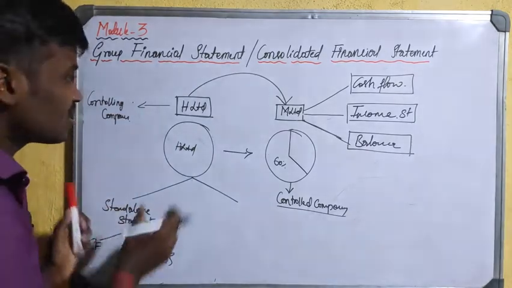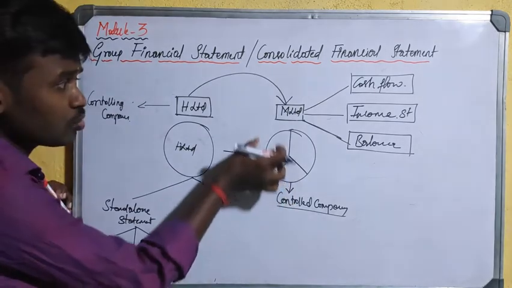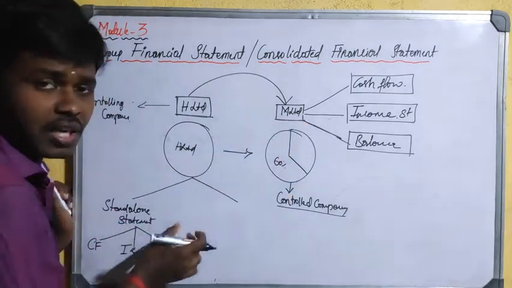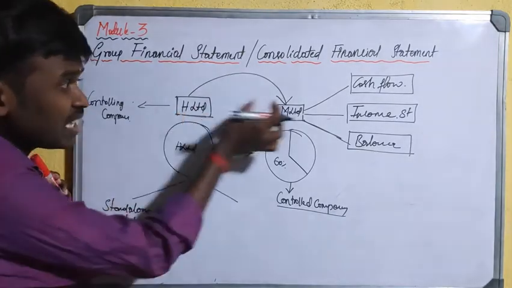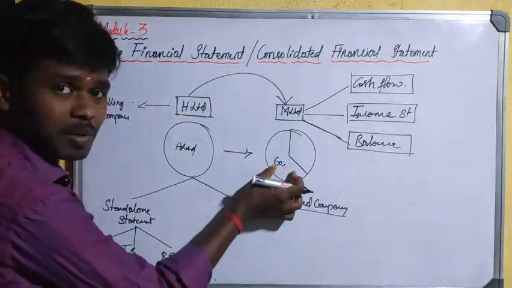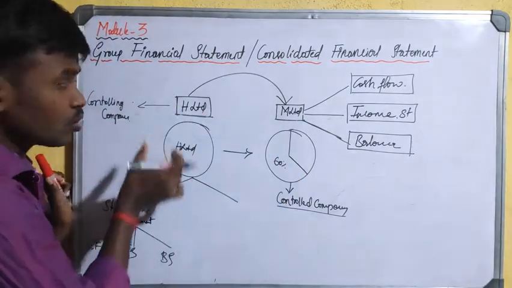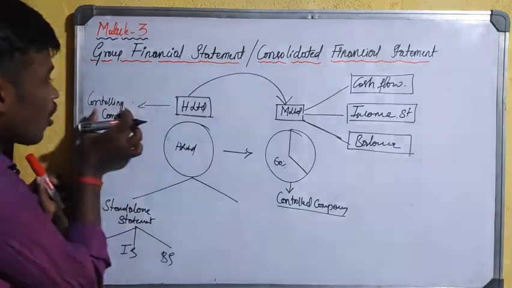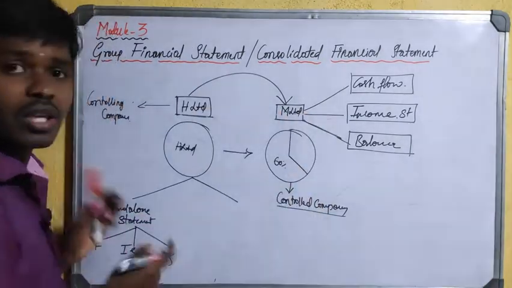How in the sense? H Limited invests more than 50% of shares in M Limited, so H Limited has a right to control M Limited. H Limited has the power to control accordingly. Therefore, H Limited will be called the controlling company and M Limited the controlled company.